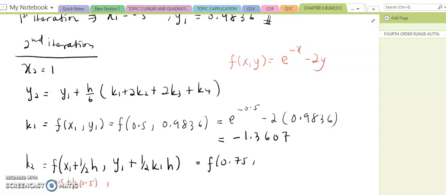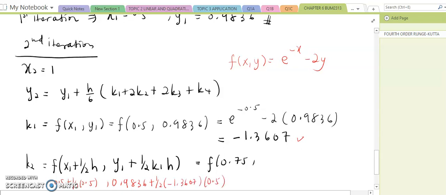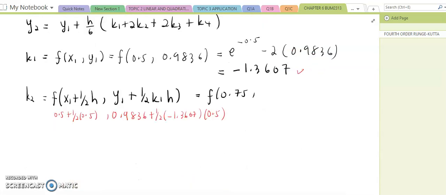And the y value, y1 is 0.9836 plus half k1, this value here, negative 1.3607, h is 0.5, so it is 0.6434.